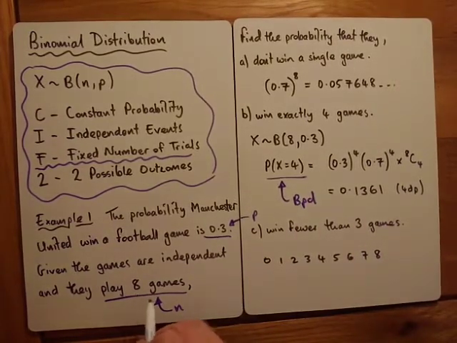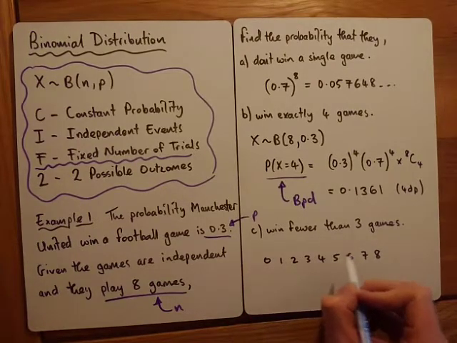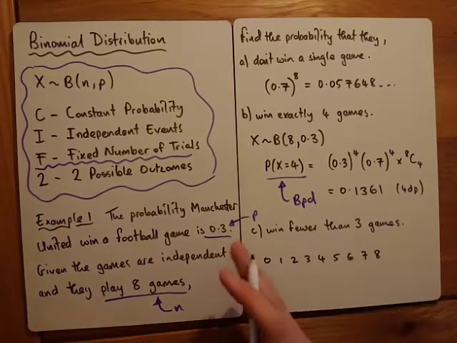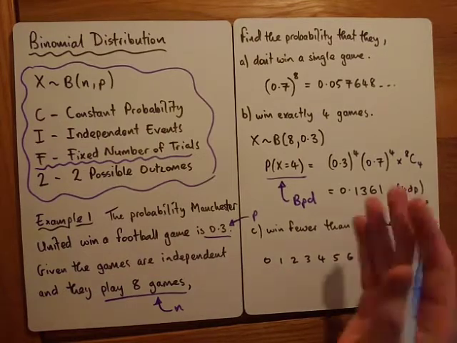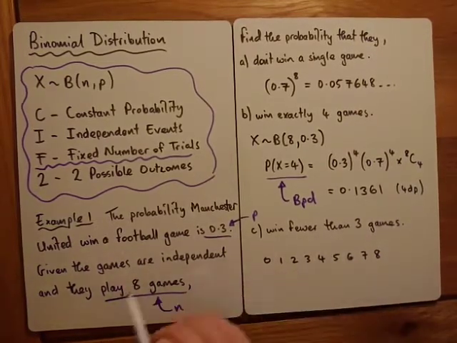They play 8 games. They could not win any. They could win 1, they could win 2, they could win 3, all the way up to winning all 8 out of 8. So if you did draw your diagram out, there would only ever be 9 possible outcomes. Winning 0, 1, all the way up to winning 8. And out of these 8 games, you want them to win fewer than 3.